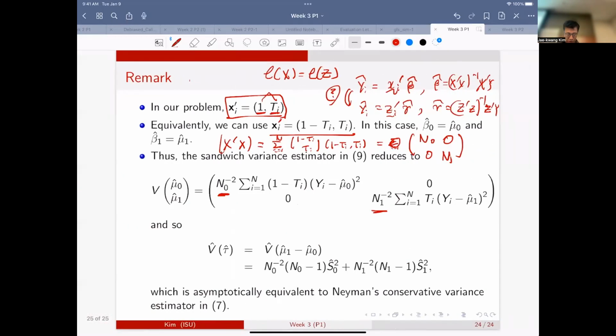So you can check that these two indeed correspond to computing the summation of X i prime times epsilon i hat squared.